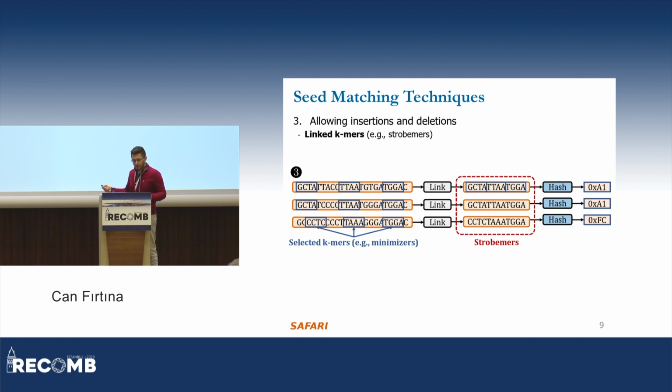Then we can hash these strobemers to identify seed matches. So we can identify seed matches even though there are insertions and deletions between these sequences, because we're matching these strobemer seeds using their hash values.